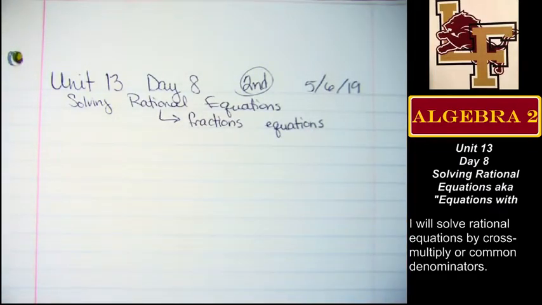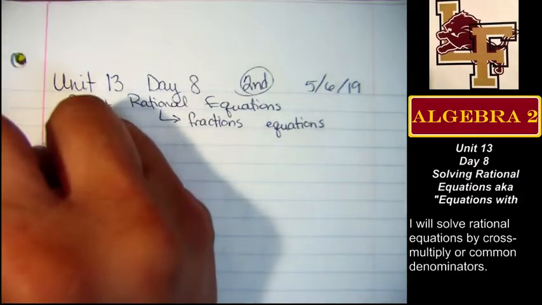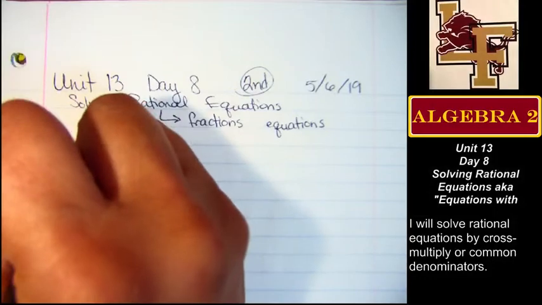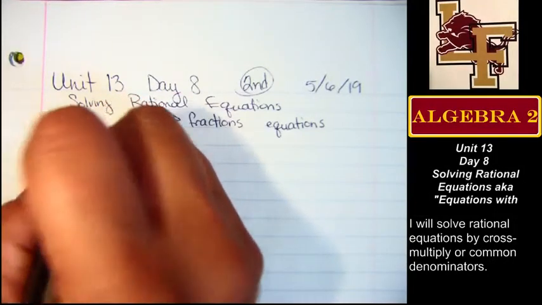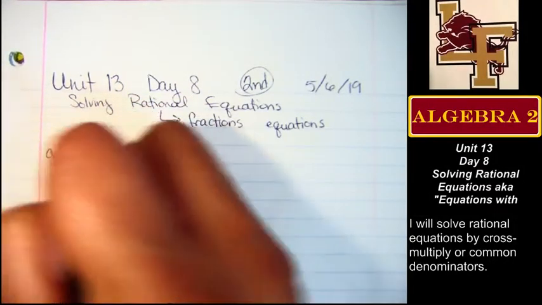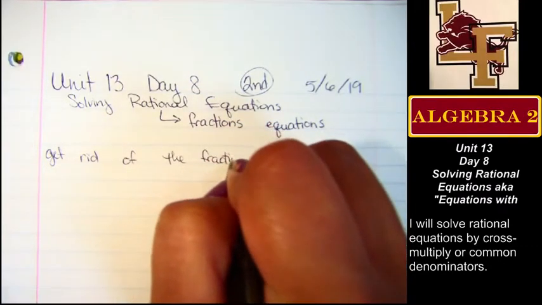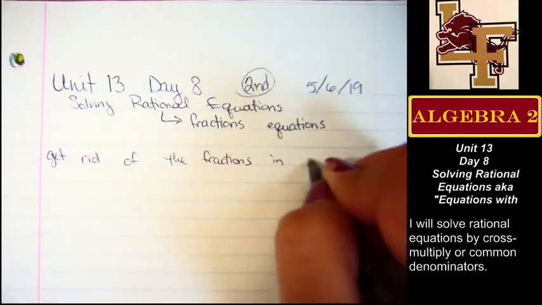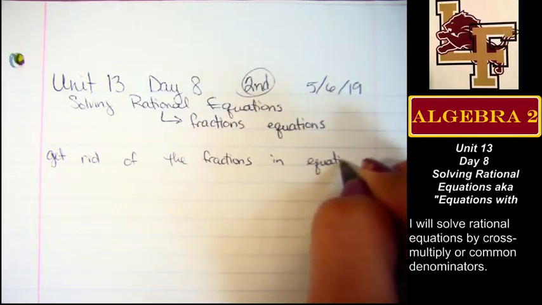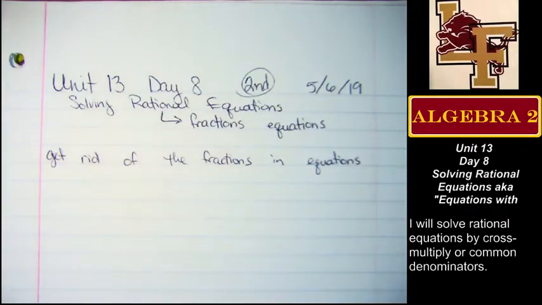We have 3 different ways to do this. So far, we've taught you one way. The one way to deal with fractions in an equation is to get rid of the fractions. And that remains the best method for dealing with rational equations, just get rid of the fractions.